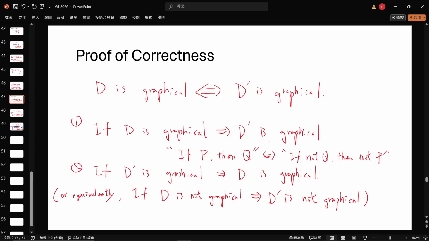Because during our transformation, it must be the case that the original degree sequence is not graphical, but somehow after we simplify it, it becomes graphical. Therefore, we can create a graph, okay? But since now we have this proved, we cannot have this kind of weird behavior, okay?